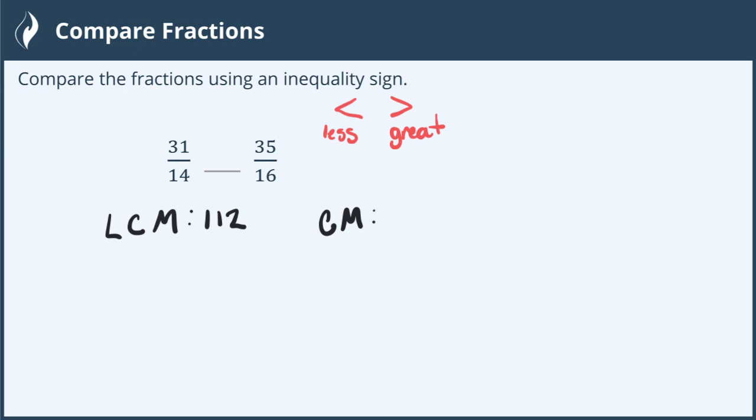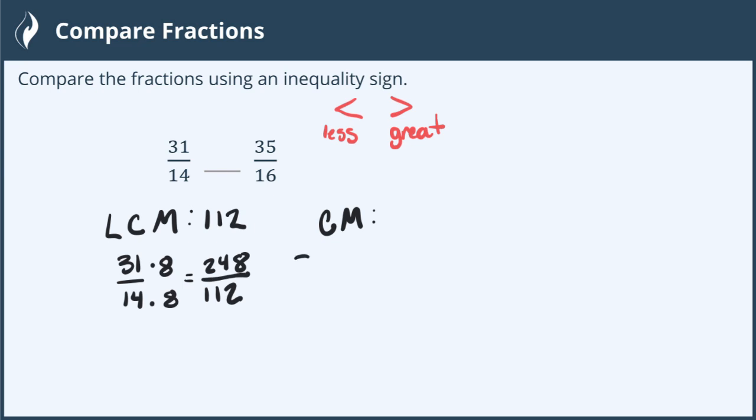For the first one, the least common multiple of 112, that means that we need to multiply 31/14 by 8 so that we get the denominator to be 112. 14 times 8 is 112, and then 31 also times 8 gives us 248. It is an equivalent fraction.